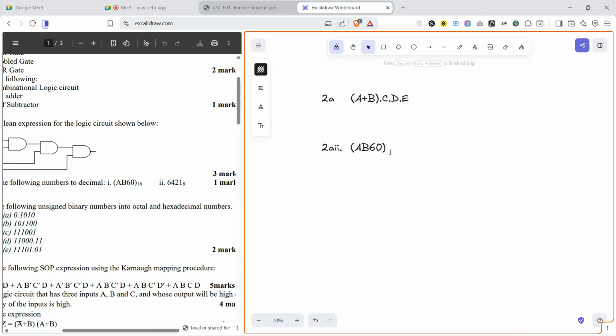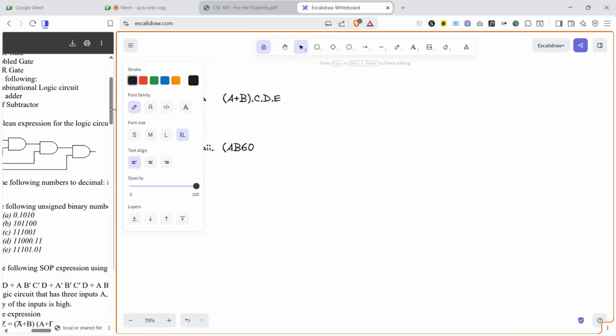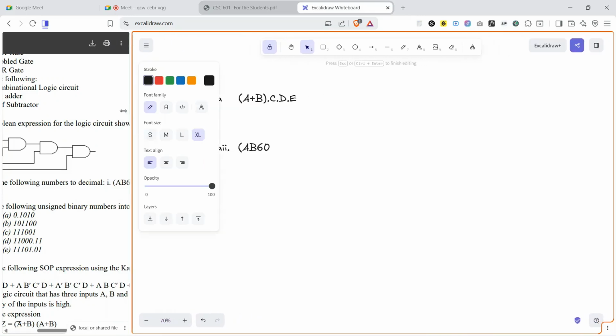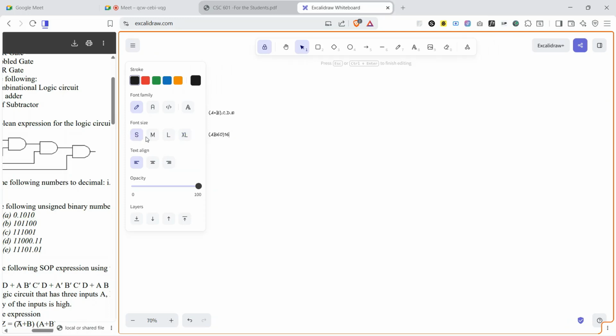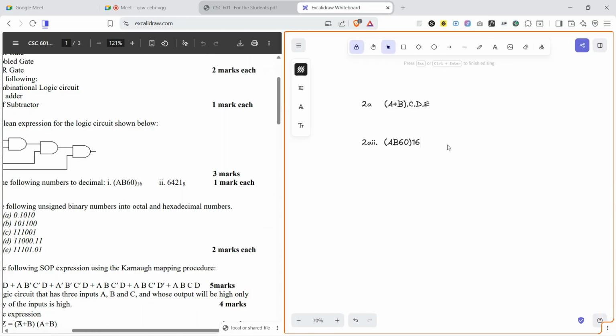Let me just take this as subscript 16. I was thinking there's a way to write subscripts, but take this as a subscript 16.